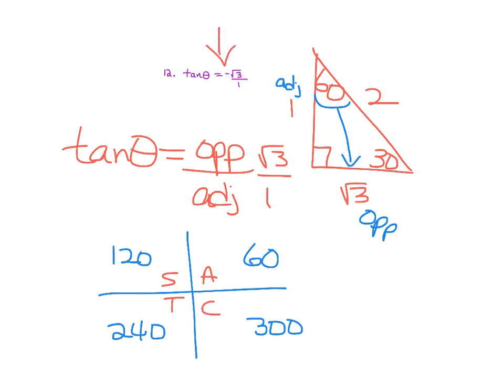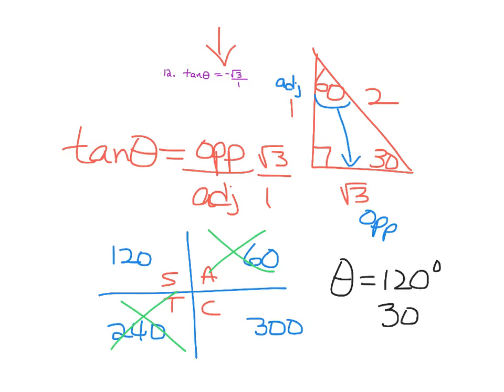Notice my answer here is negative. Soon as you see it's negative, you know quadrant 1's out of there, because everything has to be positive in quadrant 1. And now I just have to look for the quadrant where tangent is positive, and that would be 3. So then my answer here for theta is going to be 120 degrees and 300 degrees.